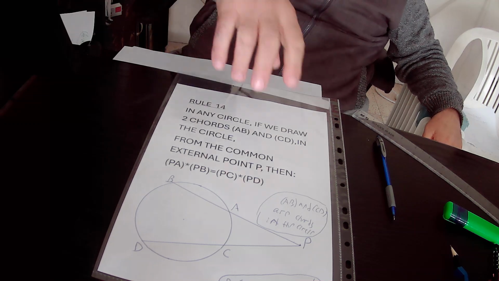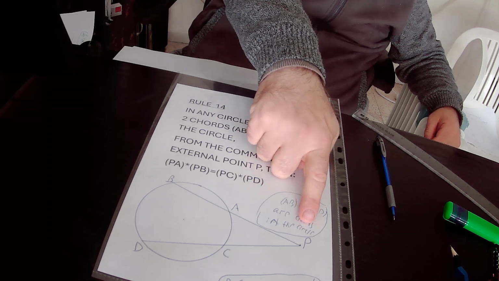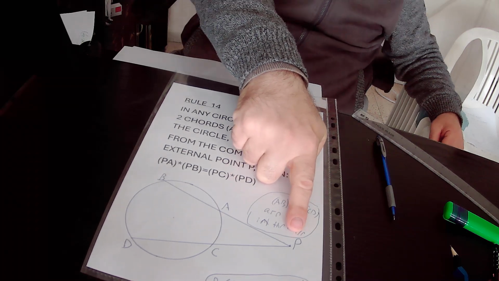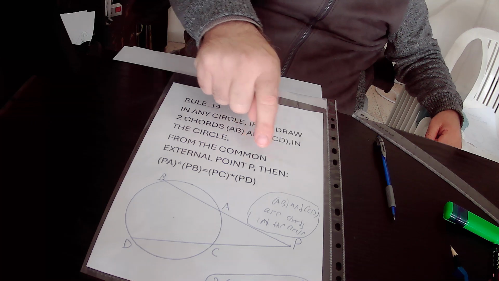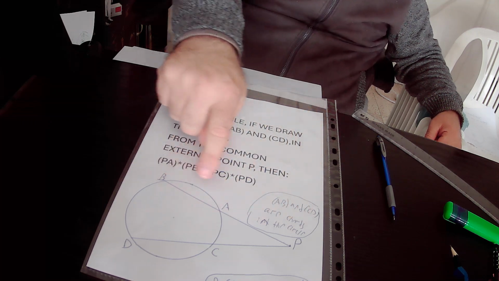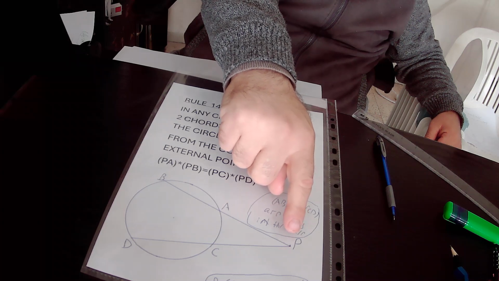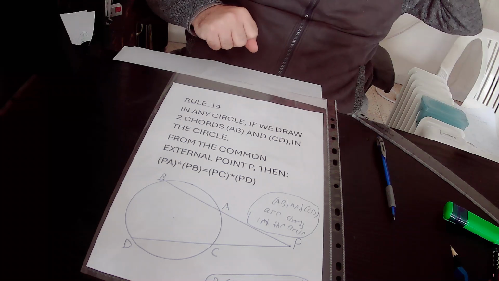So we have a circle and a common external point, point P. From point P, we draw two chords in the circle. One is called AB, and from the same common external point P, we also draw this chord called CD.